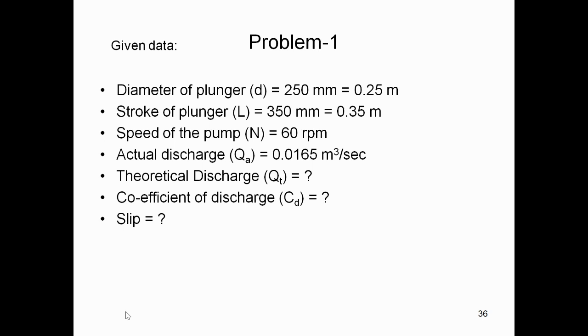What is the formula for theoretical discharge? Qt is equal to L into A into N by 60. We can get the A value from the diameter of the plunger. A is equal to pi by 4 D square, so we get A is equal to 0.049 meter square.